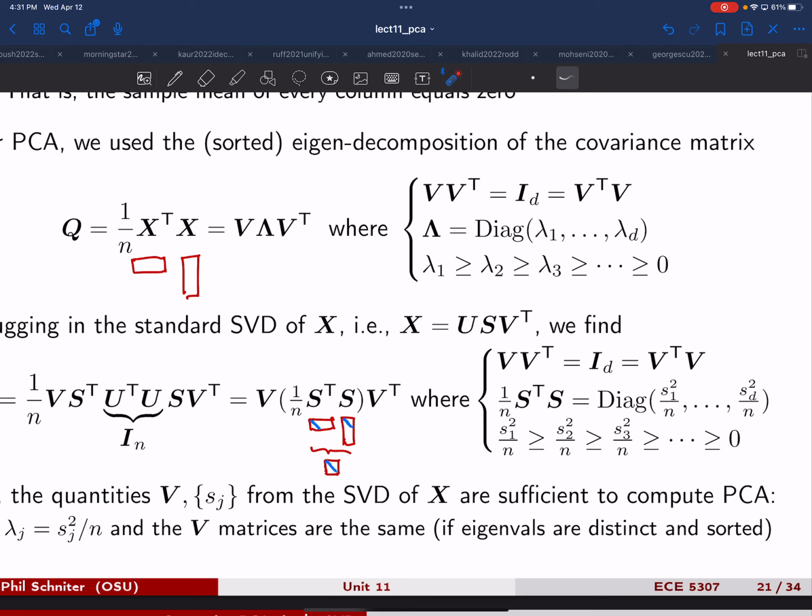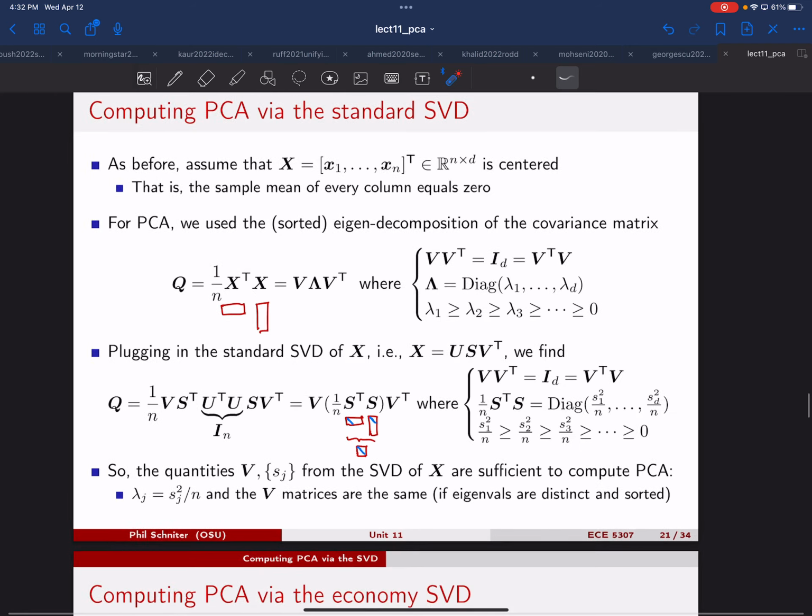So the terms down this diagonal would be S_i squared over n, where the S_i are the singular values from this matrix. Because there's a division by n and a squaring, these are S_i squared over n, whereas originally they were lambda. So now we see there's a direct correspondence between what we can get with the SVD and what we can get with PCA.